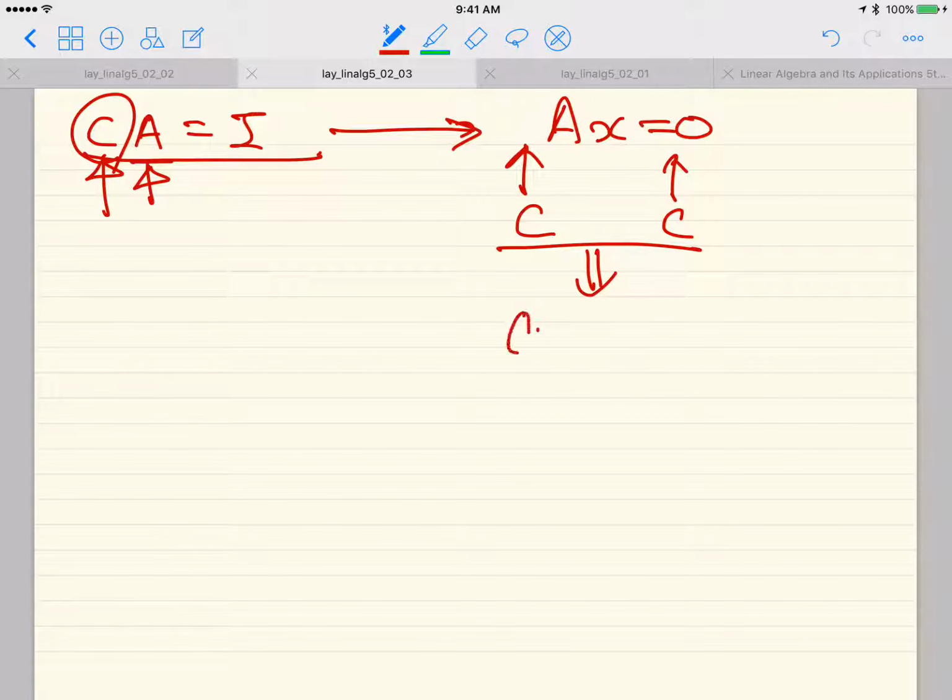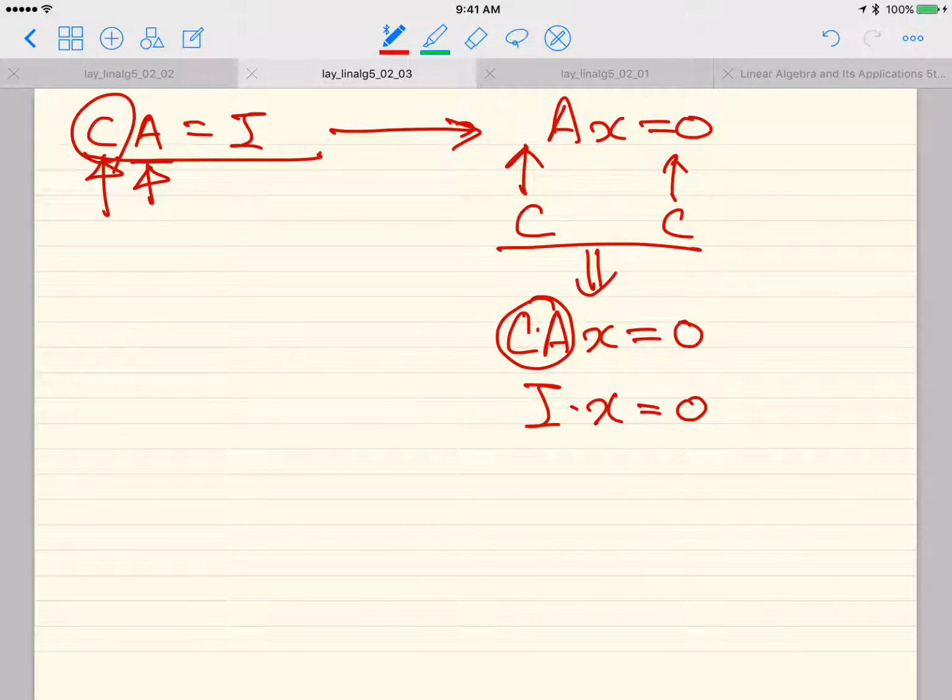Then the resulting equation becomes this, because C times 0 will be just a zero vector, and then we know this guy will become the identity matrix. So X is this. So whatever X as your solution vector should always be this 0 vector.